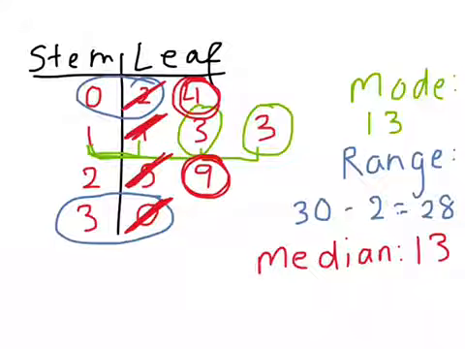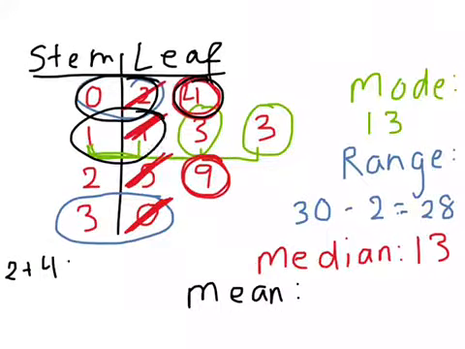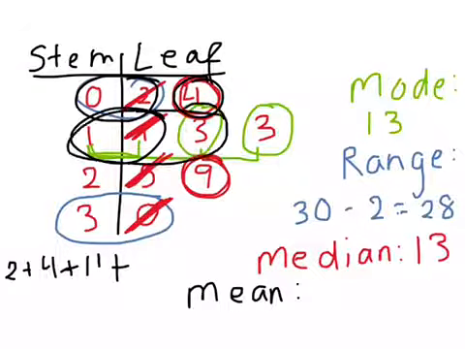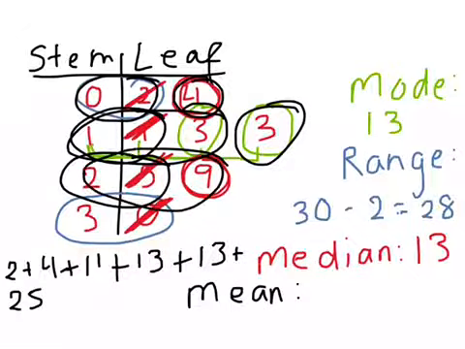All right, your last one is your mean. So with your mean, you add everything together. You can use a calculator for this in your test. So you would add 2 plus 4 plus 11 plus 13 plus another 13 plus 25, I think that was, plus 29 and plus 30.